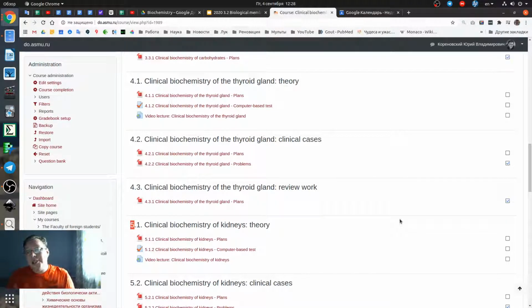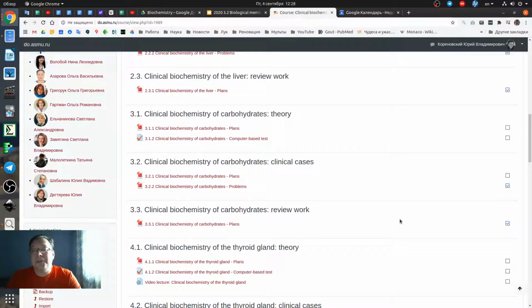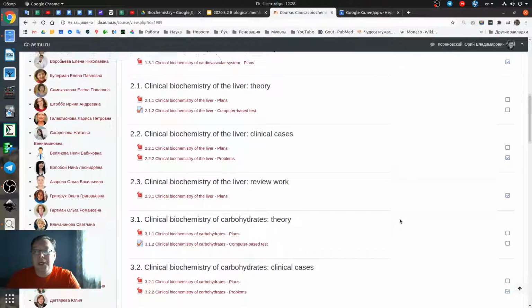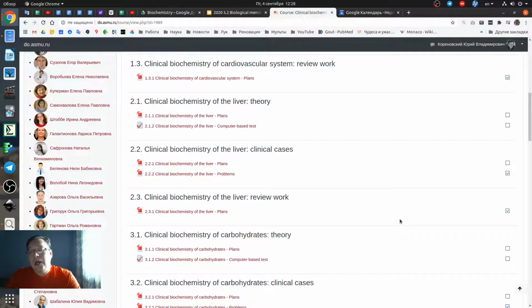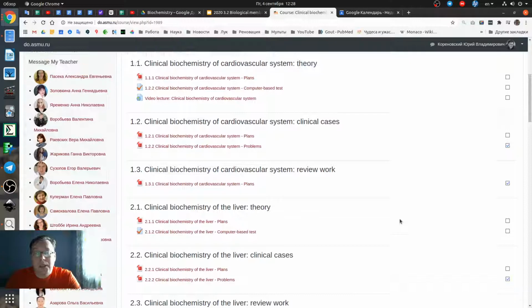So we can estimate activity of enzymes, concentration of proteins, or low weight molecules like glucose or cholesterol. So here we will learn different clinical situations, different diseases, and biochemical methods for diagnostics of these diseases.